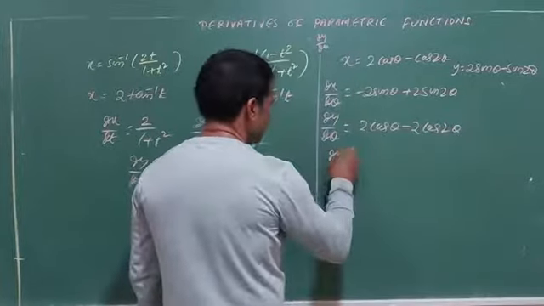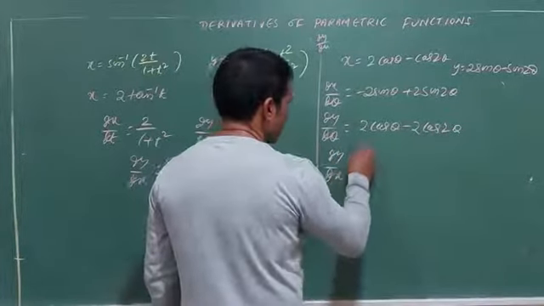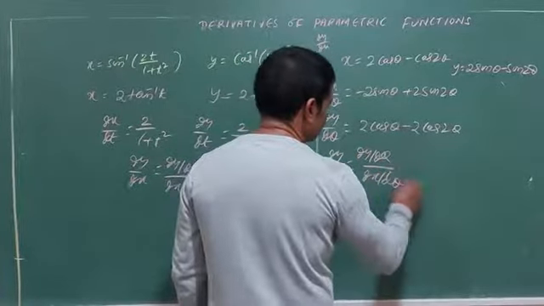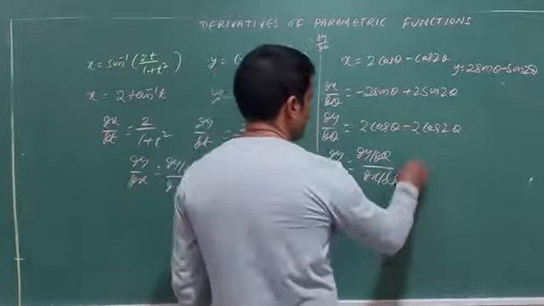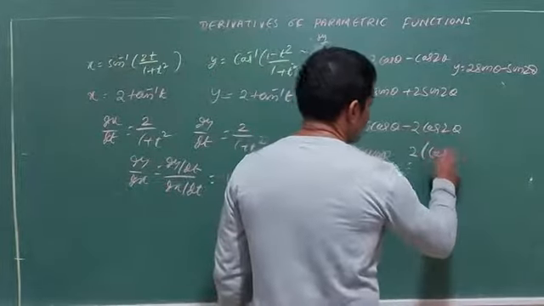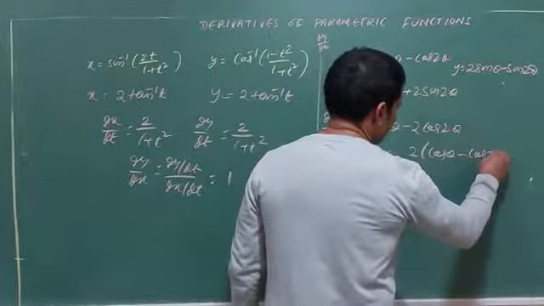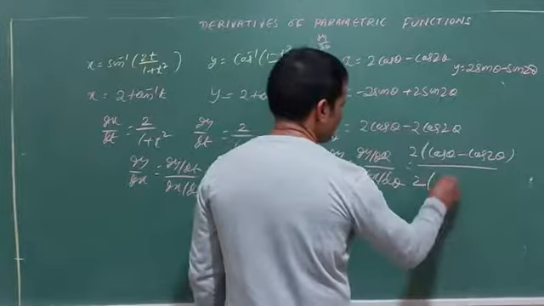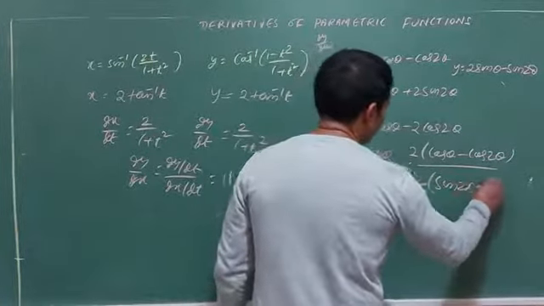Divide now: dy by dx is dy by d theta by dx by d theta. Take common: cos theta minus cos 2 theta, and take 2 common: sin 2 theta minus sin theta.